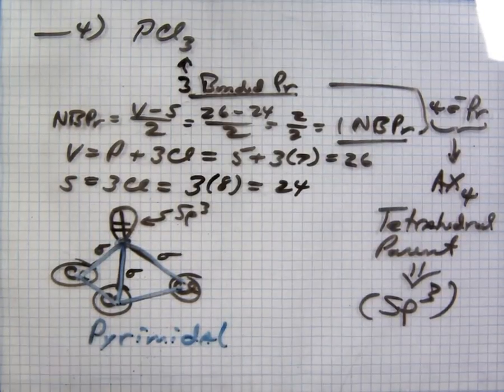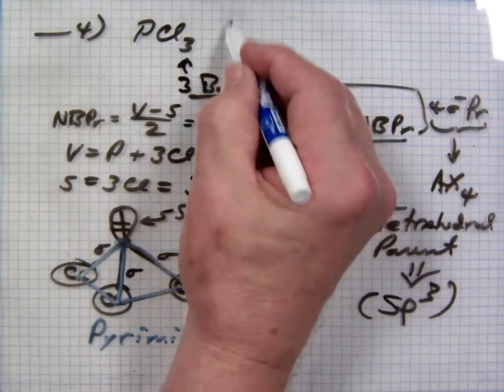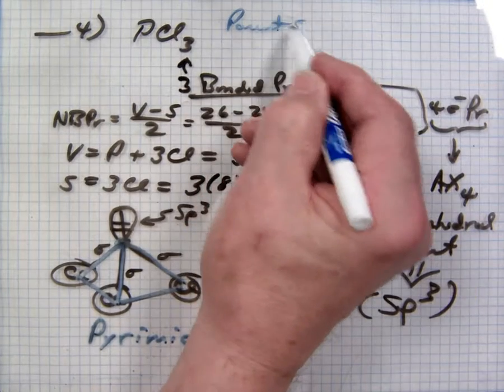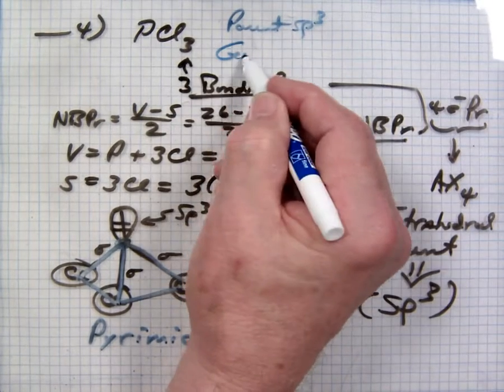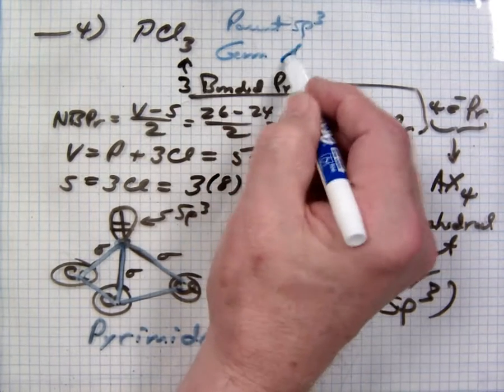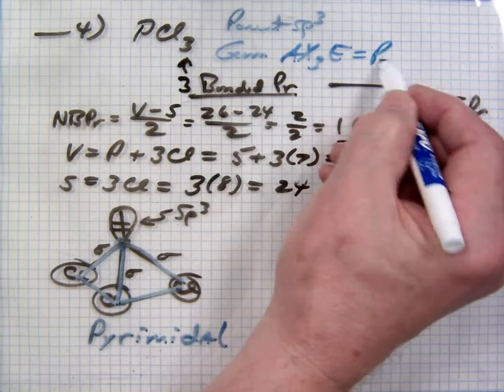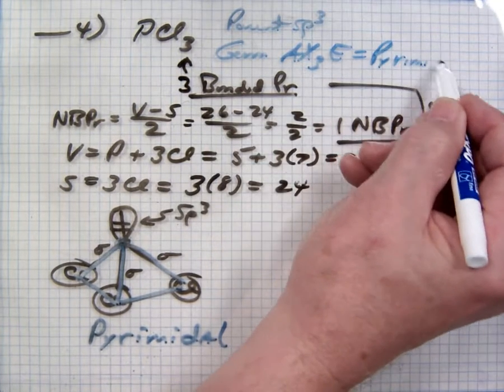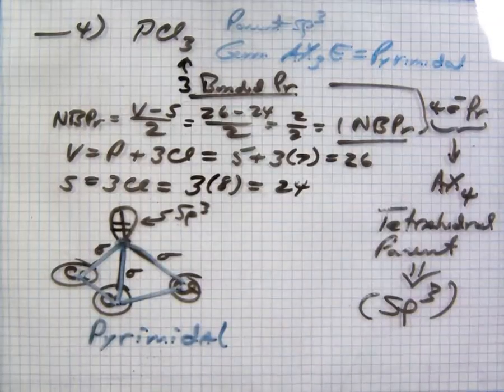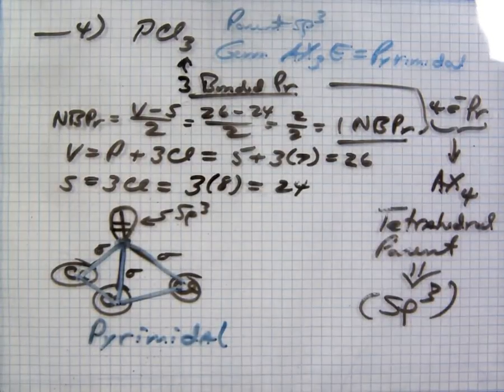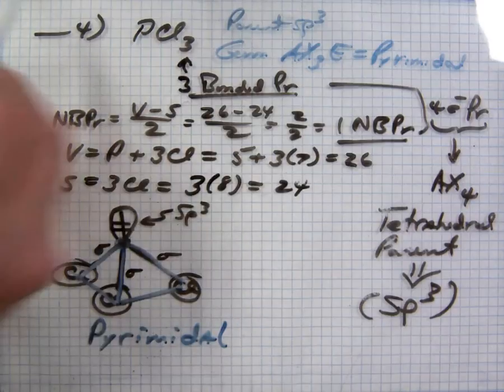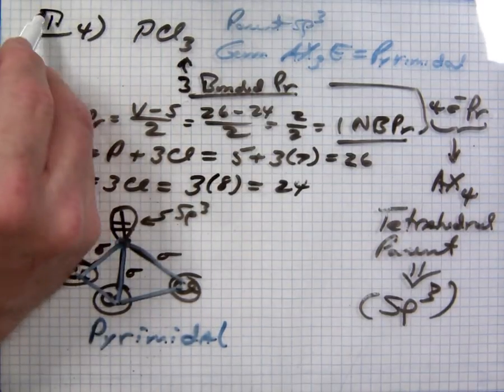So the parent is sp3 and the geometry is AX3E, and that is pyramidal. B choice, okay. Yeah, I can make a B.